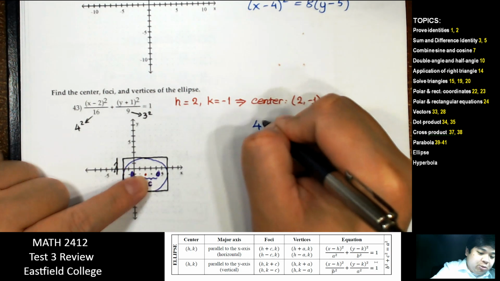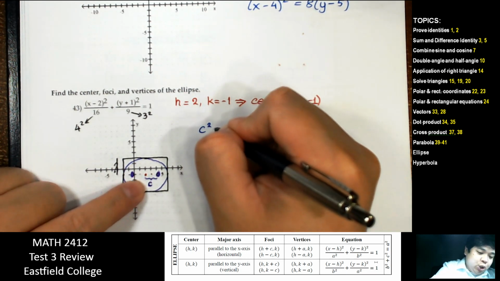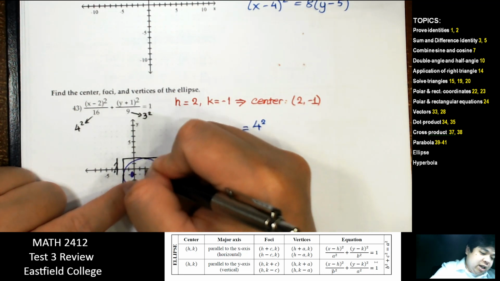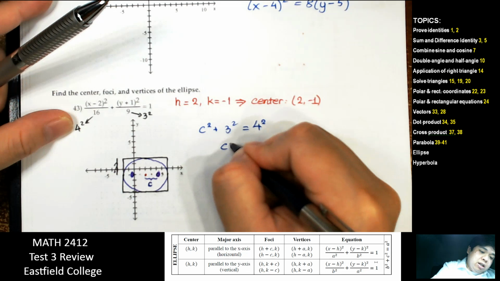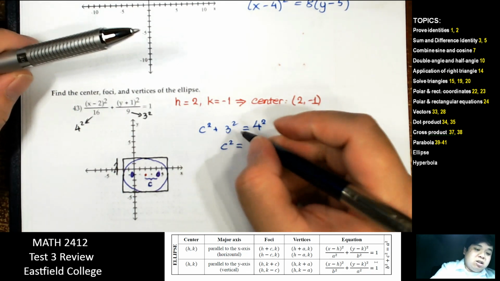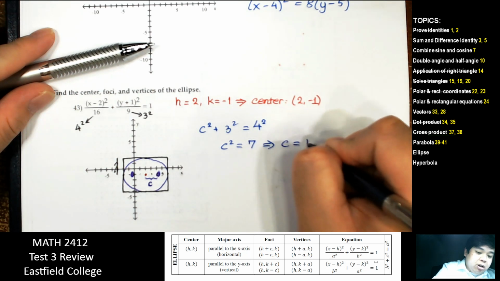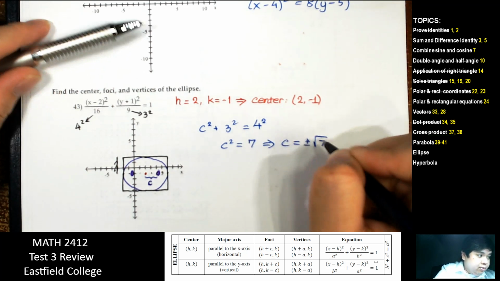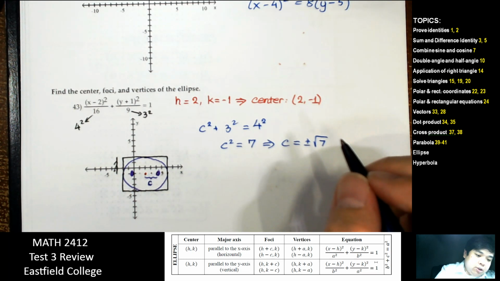So Pythagorean theorem, we have 4 squared by itself. The other side we don't know. The 2 smaller sides will be c, and then b, which is 3 squared. Doing this, we have c squared equal to 16 minus 9, which is 7. So c is plus or minus square root of 7. Right.